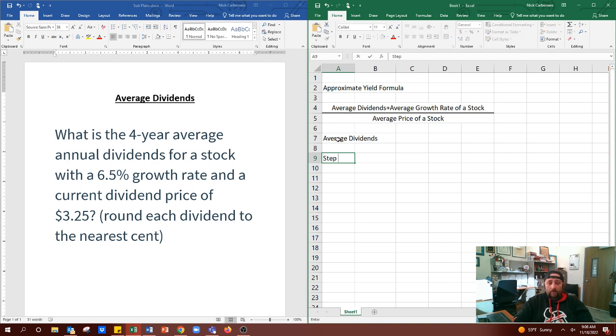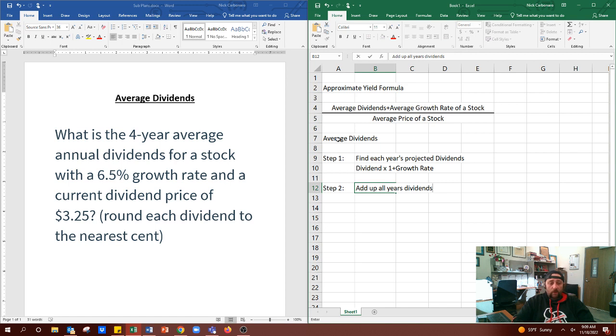Step number 1 is to find each year's projected dividends. You do that by calculating the dividend multiplied by 1 plus the growth rate. Step number 2 says once you do that, add up all years' dividends.